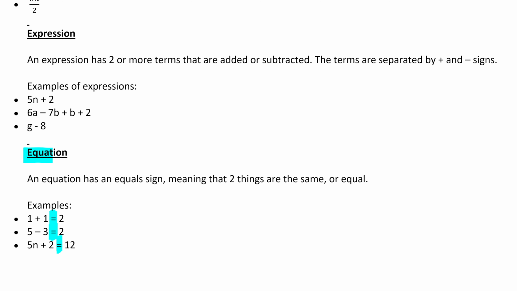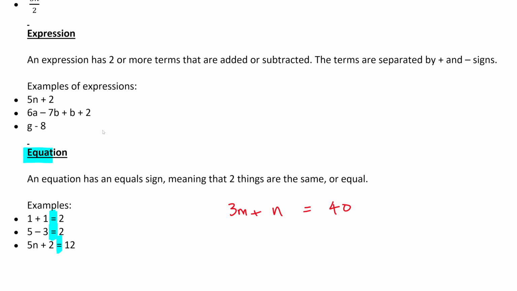So again, I'll just repeat myself. An equation has an equal sign, and if you look at expressions, there's no equal sign to be found. That's the only difference. Equations, you can write any way you want as long as you include the equal sign. For example, I can write 3m plus n equals 40.